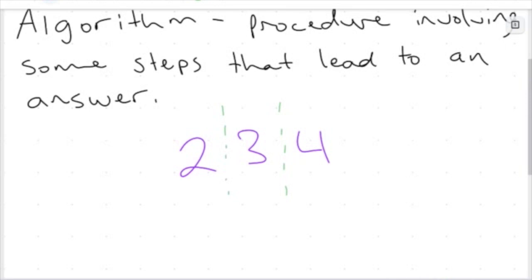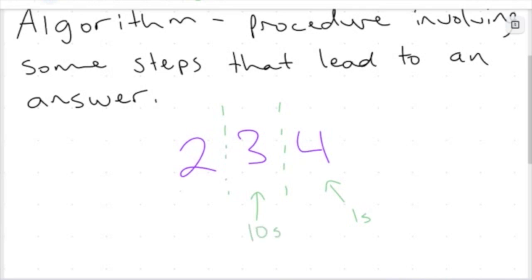And each of these digits in my number represents a different column. So my 4 here, in 234, is in the ones column. So this means that we're dealing with single digits, digits from 0 up to 10, right? Because once we tick over to 10, we enter the tens column.